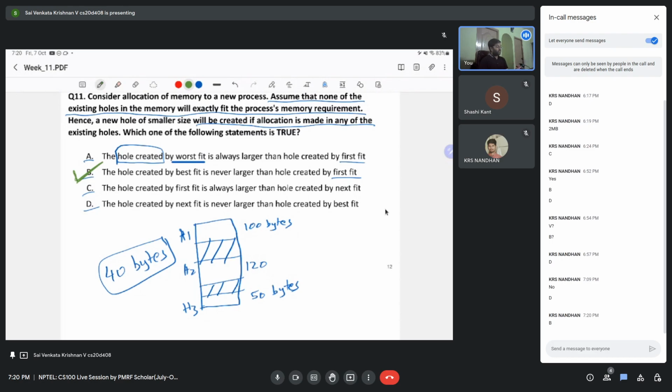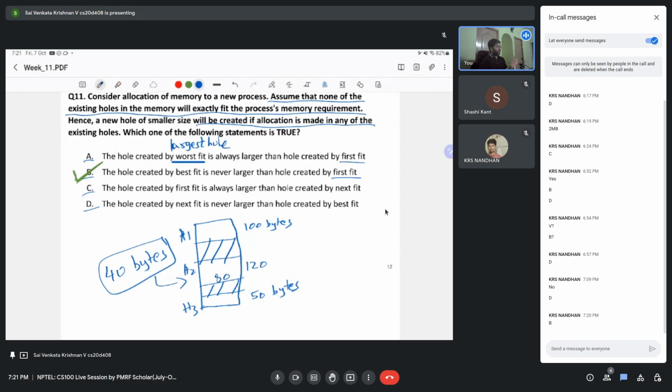So worst fit, what does worst fit talk about? Worst fit is to find the largest hole and just split it. So the hole created would be, say, from 120 bytes, and the remaining hole size would be 80.